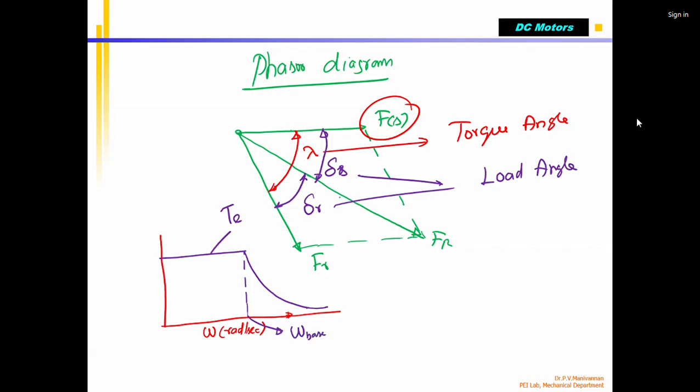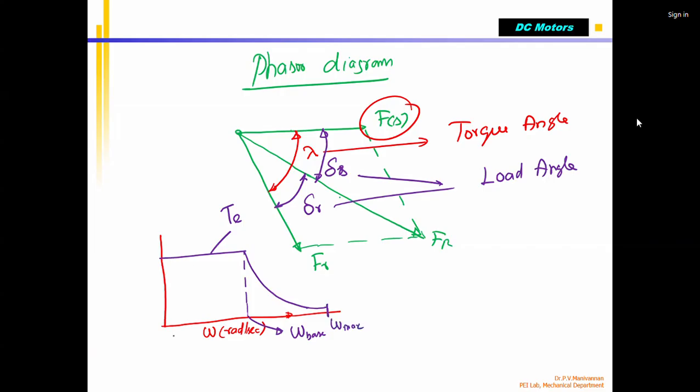Okay. And as you increase the load, correct? As you increase the load, this one go on increasing, correct? So at one stage, load become more, then the motor will stop, correct? That is called omega max. Okay.